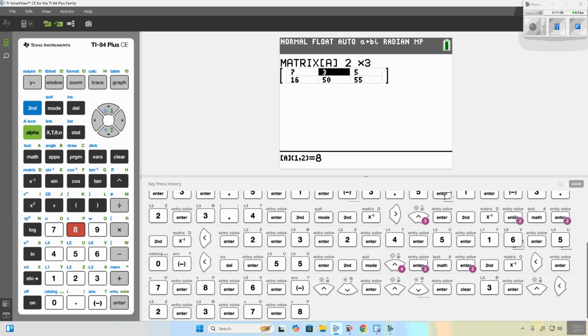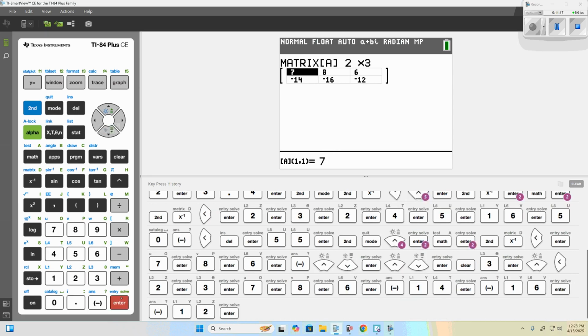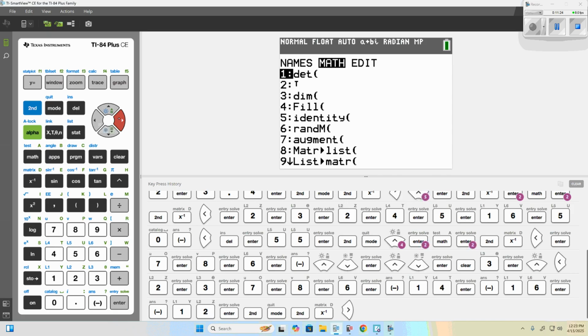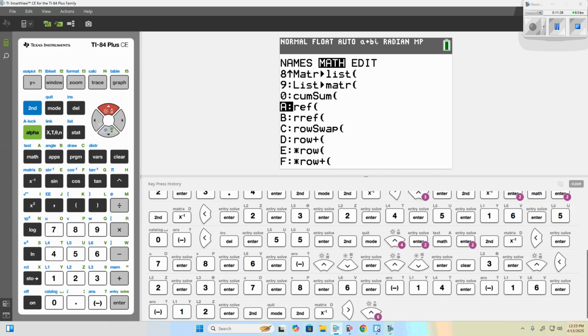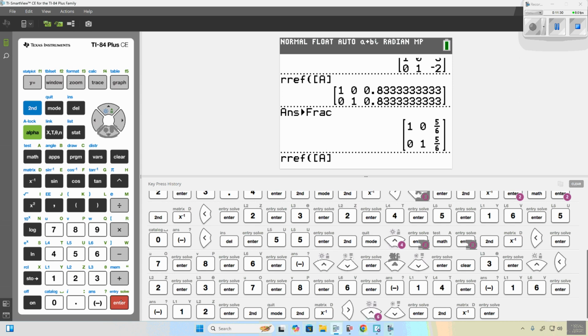That'd make a difference. 8, 6, negative 14, negative 16, negative 12. Questions on getting these typed in? We good on getting it in standard form and typing it in the calculator? Yes?